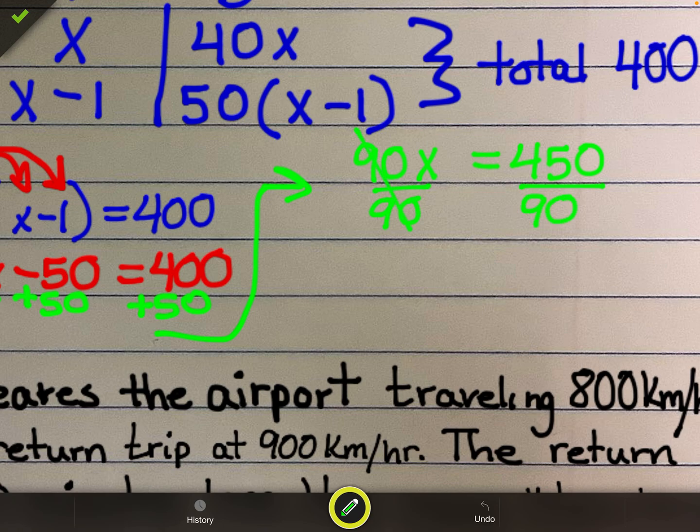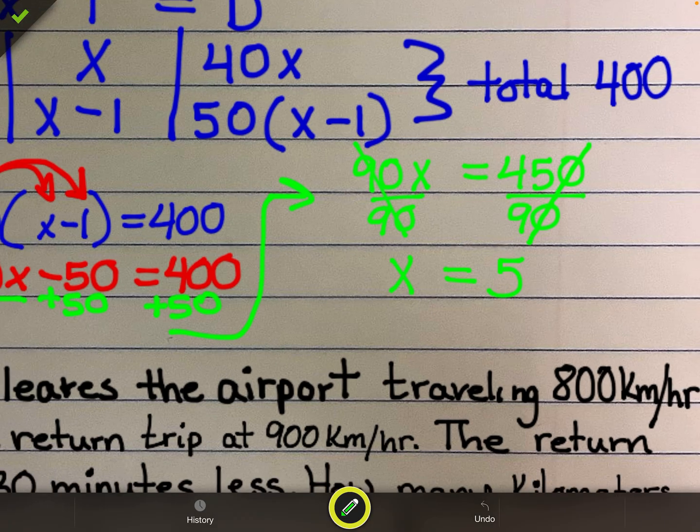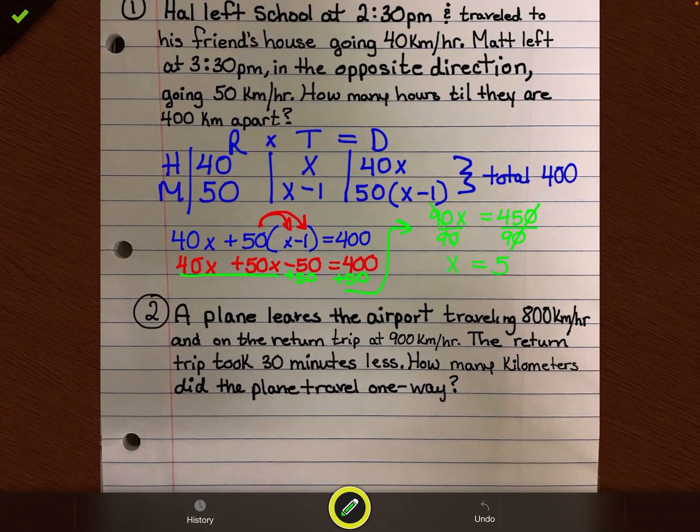Now I can divide both sides by 90. On the left side, the 90s cancel out to 1. On the right side, 450 and 90 are both divisible by 10, so the zeros cancel. And then 45 divided by 9 is 5. X represents how long Hal has been traveling for.